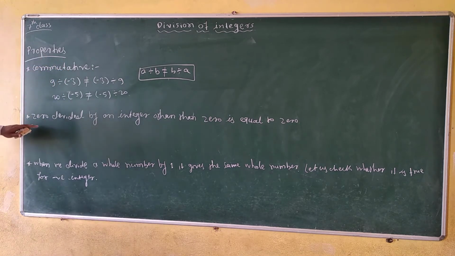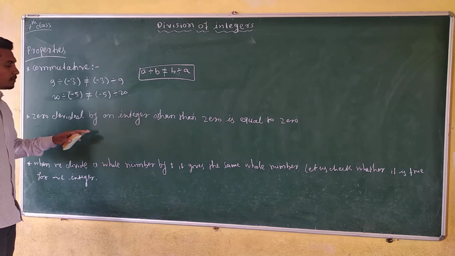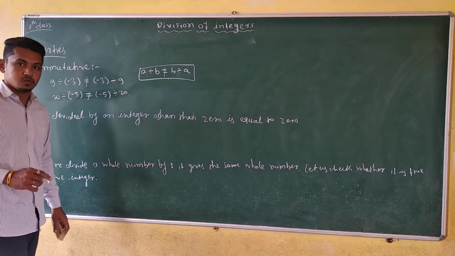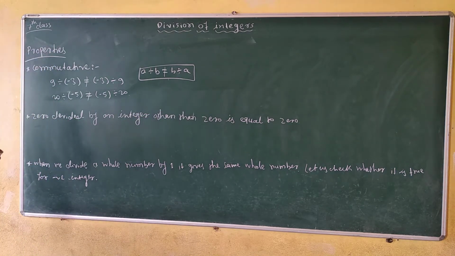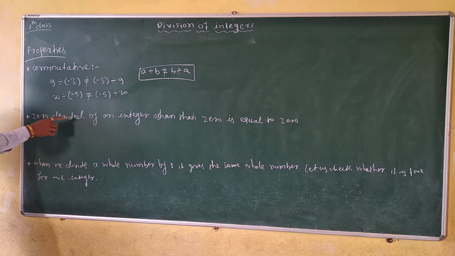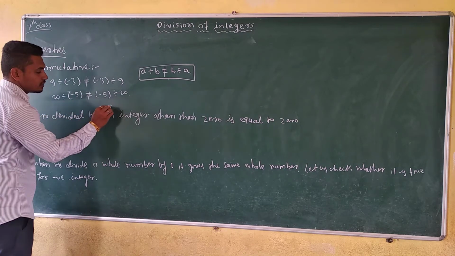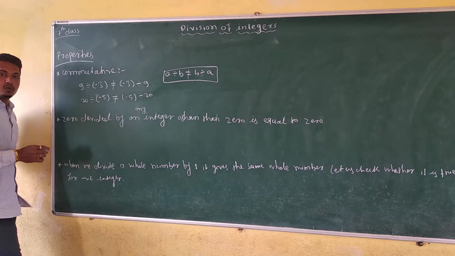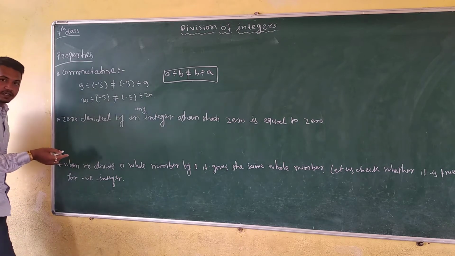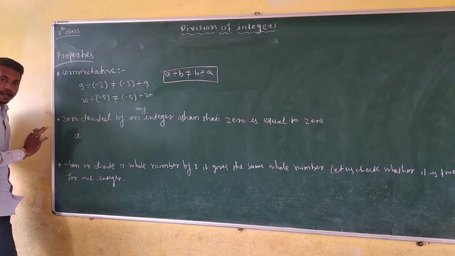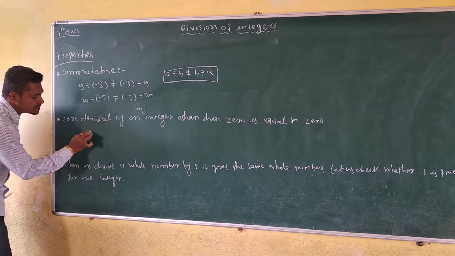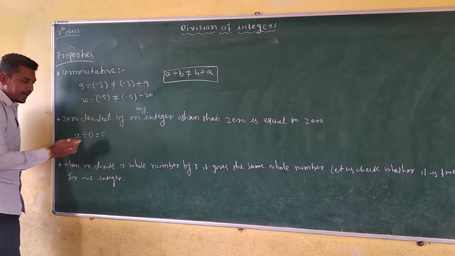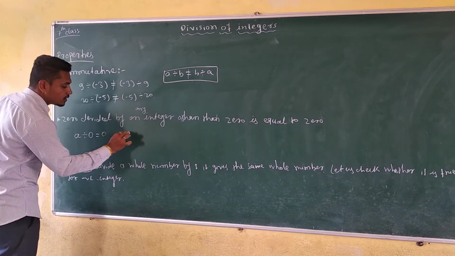Next, see here, the next property: 0 divided by an integer is equal to 0. Take an example, 0 divided by any integer other than 0 is equal to 0. Which means, consider A is any integer, then 0 divided by A is equal to 0, and A is not equal to 0.